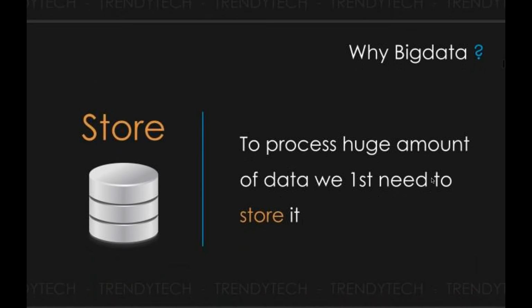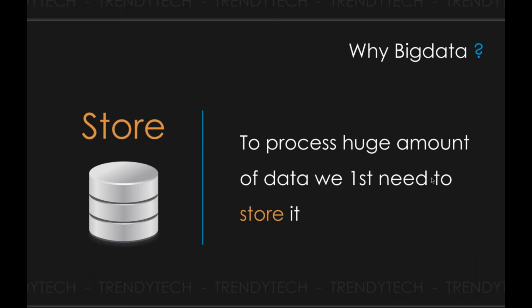Now I understood that traditional systems cannot process huge amount of data. But don't you feel before this there is a prerequisite? The prerequisite before processing is storage. That means if my traditional systems cannot process, they cannot store also. I mean, if I have, let's say, a laptop with 1 TB hard disk, and I am getting data of, let's say, 1000 terabytes.